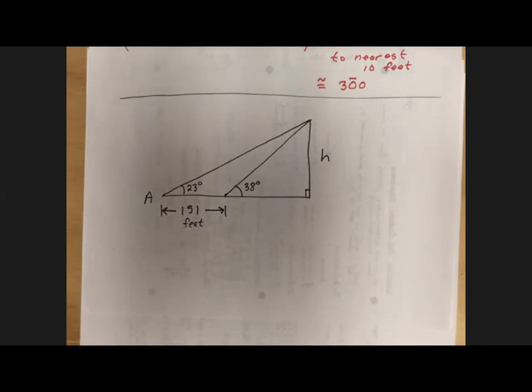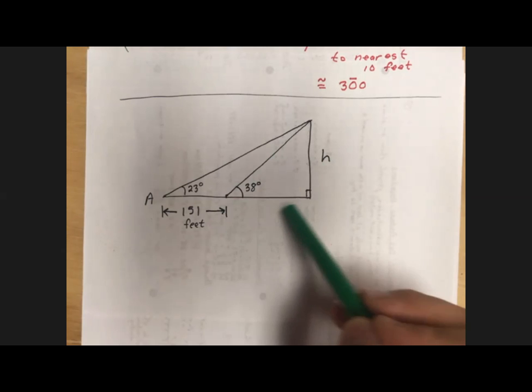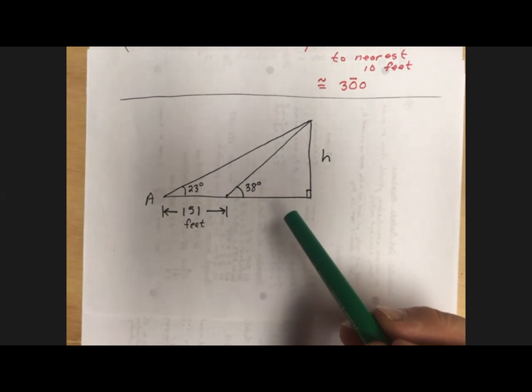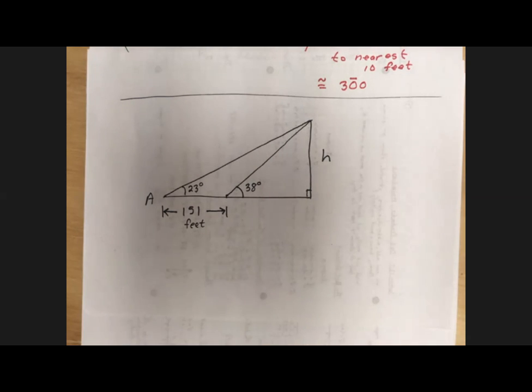If I told you the length of this side right here, you could use the Pythagorean theorem to find this length, then you could add them up. You know, something like that, right? But let's just use the relationships in the triangles. Let's admit to the things we don't know and then see if we can find h.